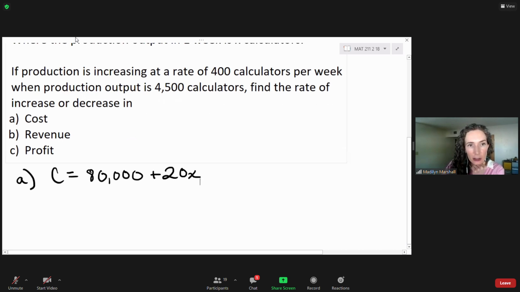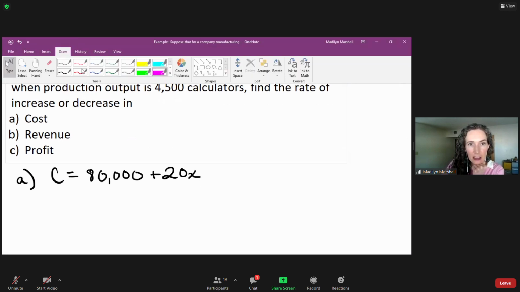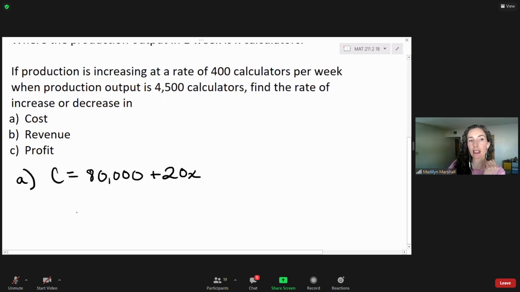If we are trying to find the rate of increase or decrease in cost, we need to know the equation for the change in cost with respect to time.